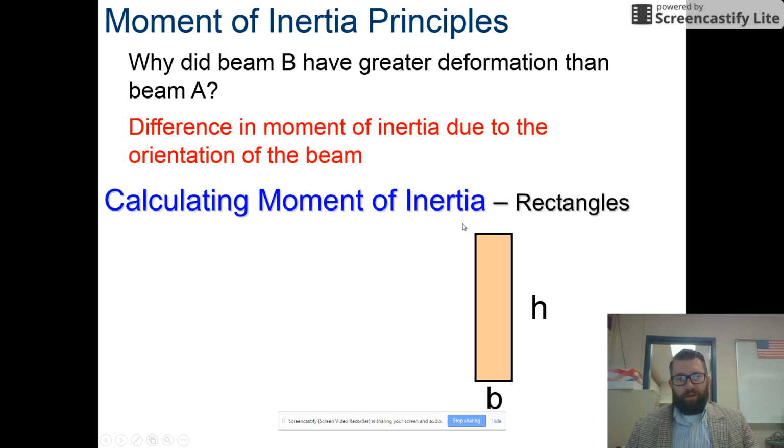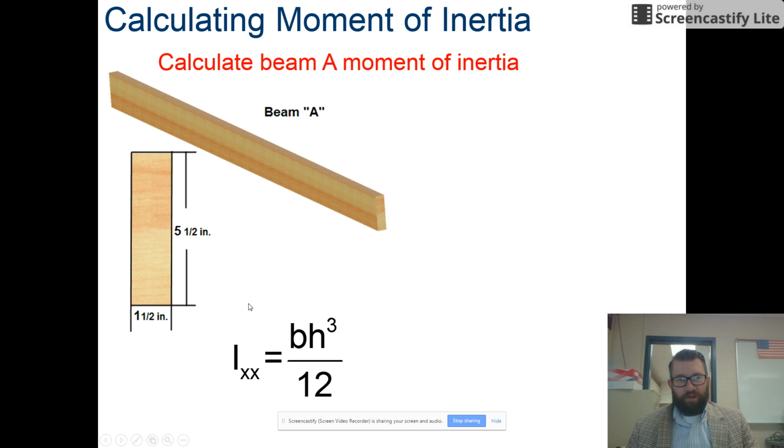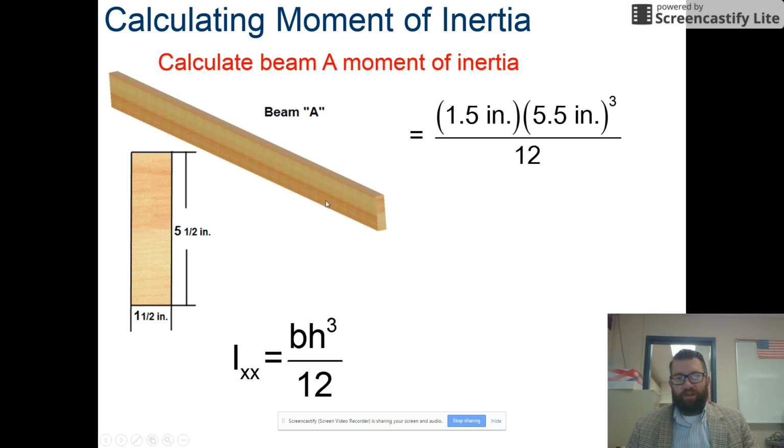So we're mainly going to be dealing with rectangles here for our moment of inertia. So our formula is I equals base times height cubed divided by 12. So if I look at both of the beams, if I calculate the first one, you're going to have a base of 1.5 and a height of 5.5 inches.